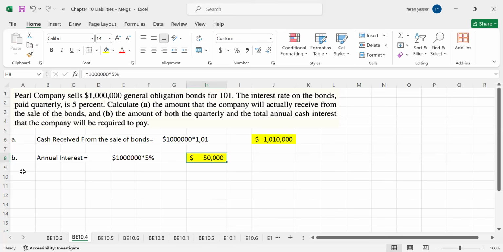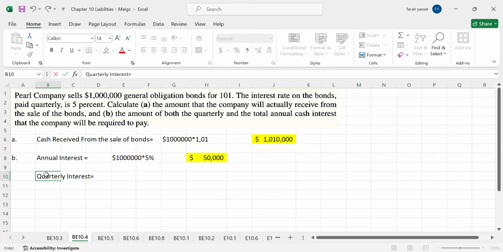This is the annual interest, and now the quarterly interest. So the annual interest is 50,000. We divide by how many quarters are in a year? 4.